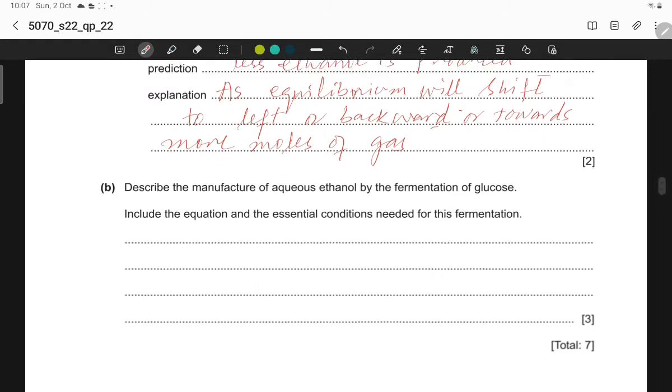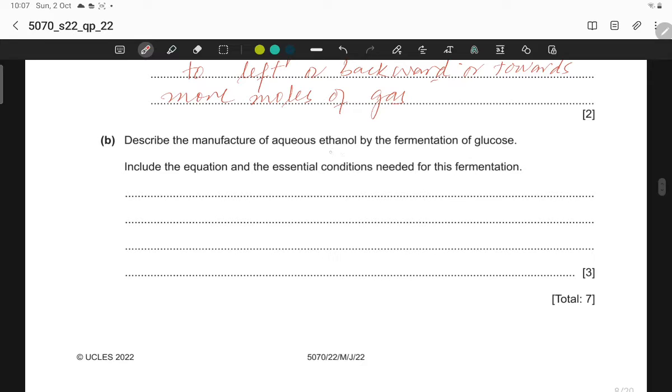Describe the manufacture of aqueous ethanol by fermentation of glucose. Include the equation and the essential conditions needed for this fermentation. So this is the equation: glucose, C6H12O6, gives C2H5OH plus CO2.